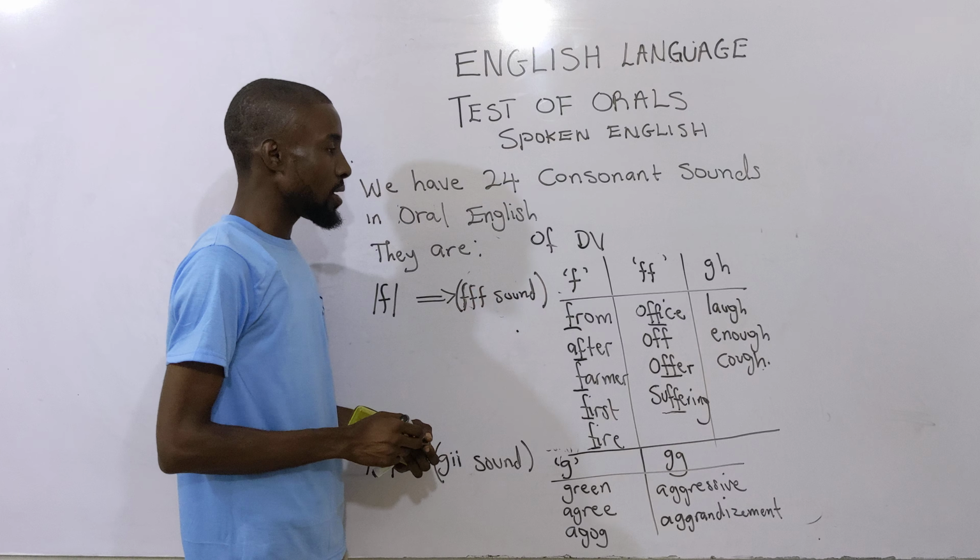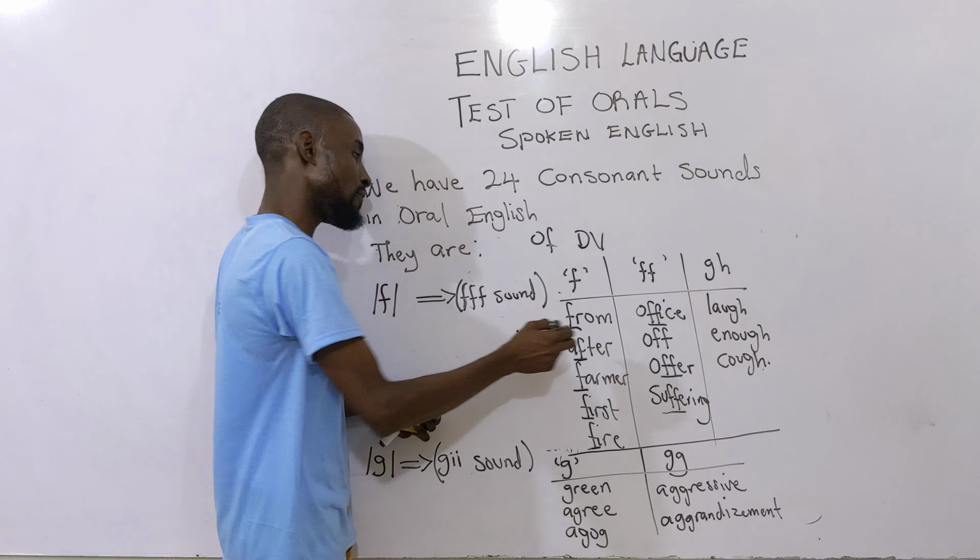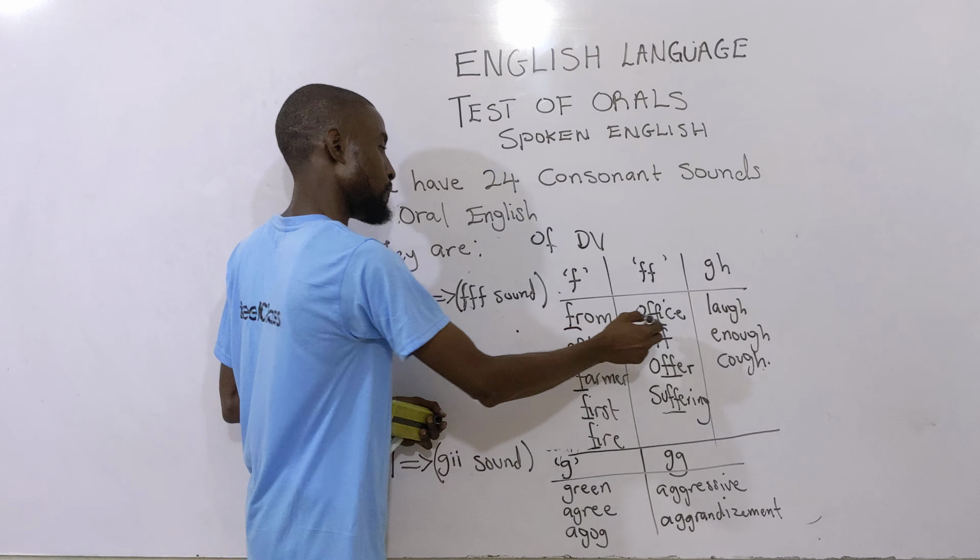Then we now look at the GH that sounds like F. So here we have love. There is no way you can pronounce the GH with the normal pronunciation. It is rough, laugh, laughter. Then we have this one here, enough.